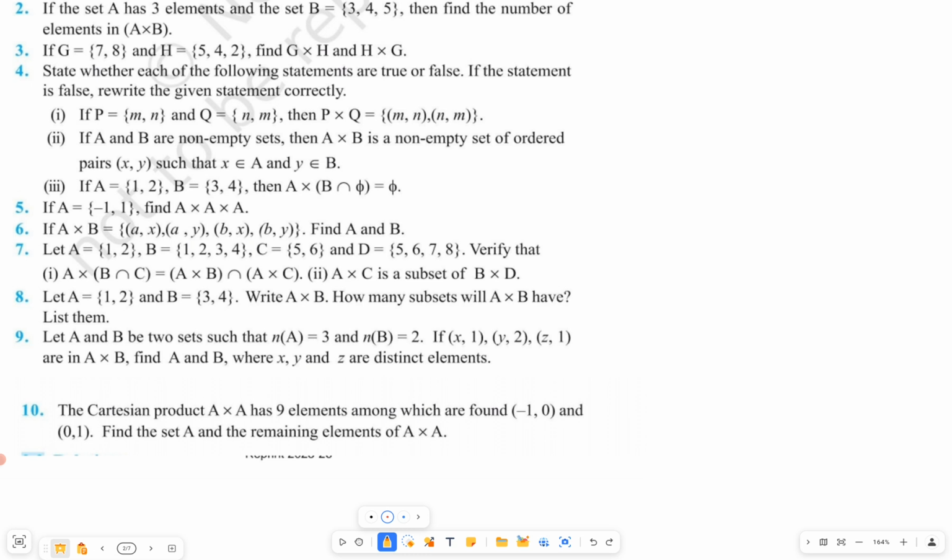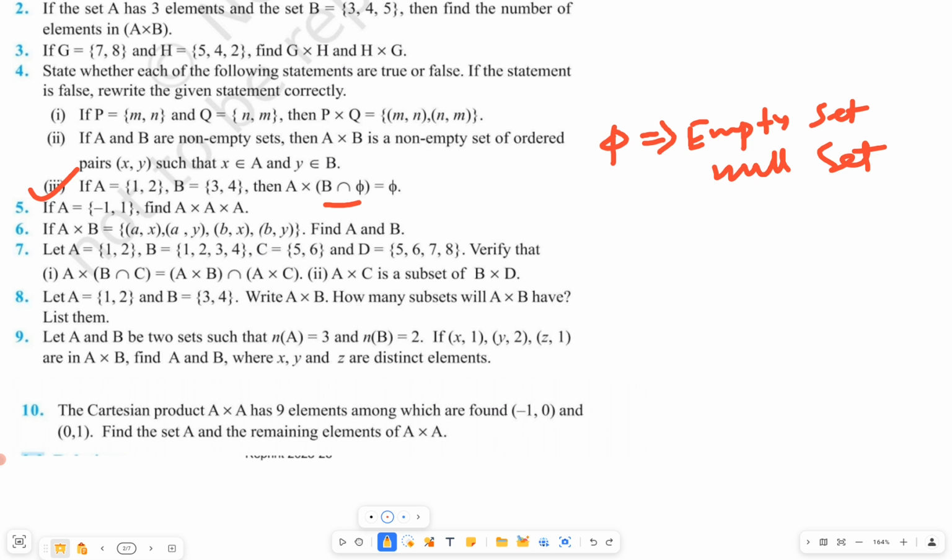Number 3: A equal to 1, 2 and B equal to 3, 4. B intersection phi. Phi means empty set or null set.